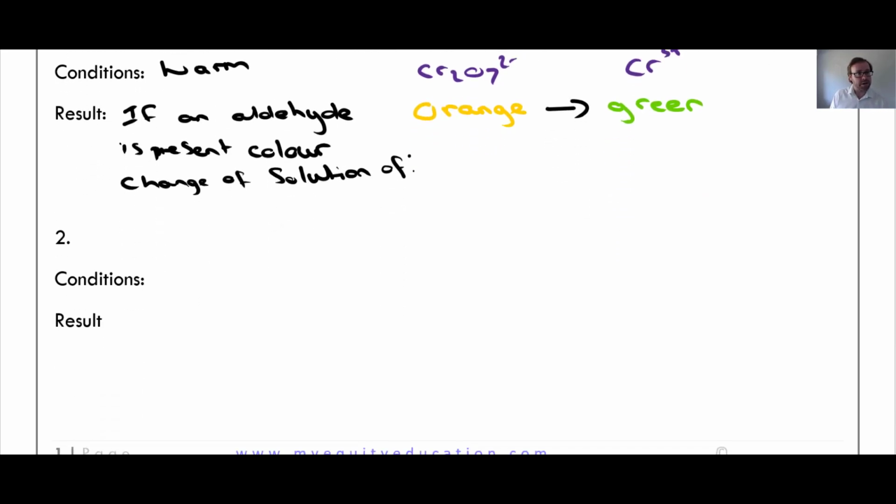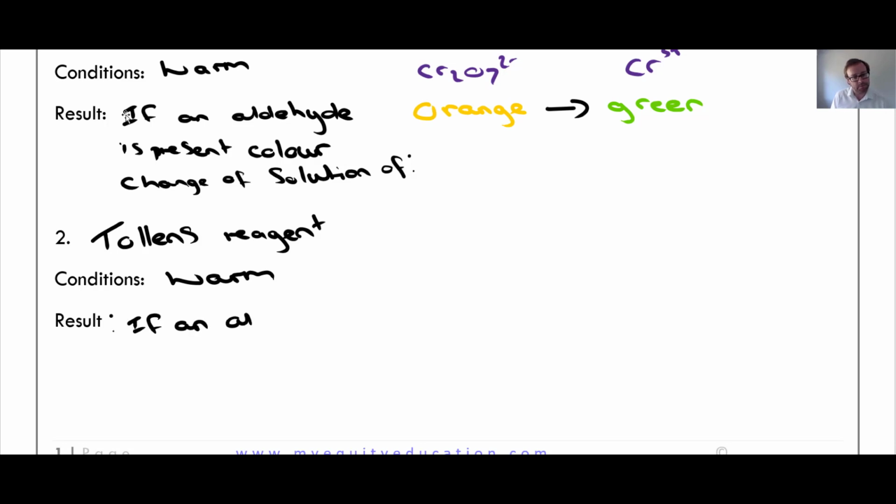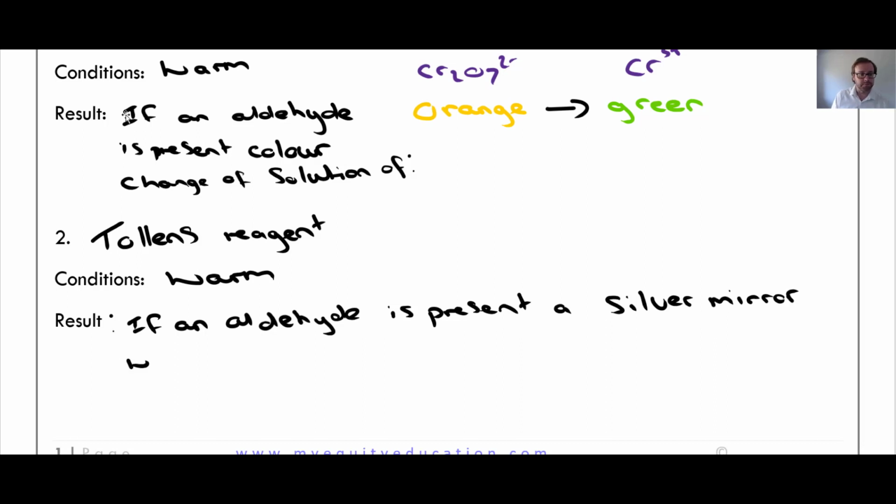Our second qualitative test is adding Tollens reagent. Again, we just need to warm it, and our result, if an aldehyde is present, is that a silver mirror will form.